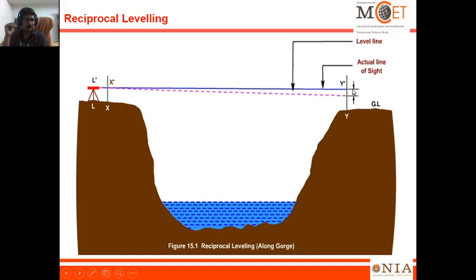So there is a difference. Similarly from here also, the same way it may occur. So the same error distance will be here. So these two errors will get compensated. Have you understood that? So this is the main advantage of reciprocal leveling, that is we can avoid the error, right?